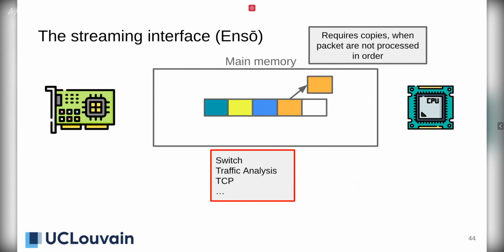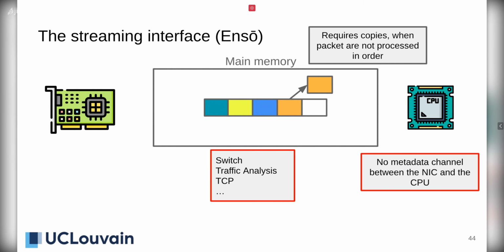Then in this case, you would need to copy the packets to avoid head of line blocking, because if you don't copy the packets, the NIC cannot advance in the ring, and so cannot receive the next packet. And the other problem that Enzo has is that if you remove the metadata, then you don't have any communication channel between the NIC and the CPU. And we just saw before with the example of the tunneling that metadata is important.